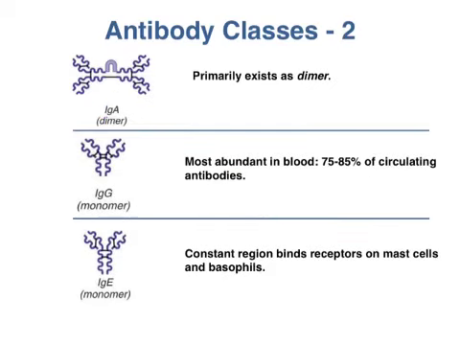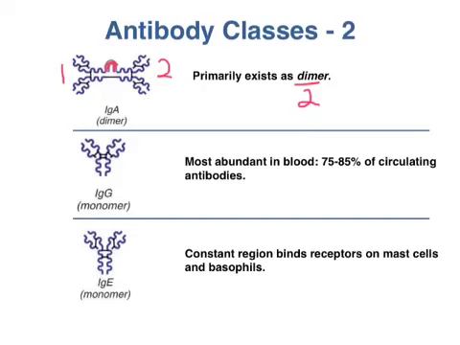The other 3 antibody classes are IgA, IgG, and IgE. IgA is secreted as a dimer. Dimer means 2, and you have 2 antibodies joined together, again, by that covalent linkage. The main function of IgA is to protect body surfaces.